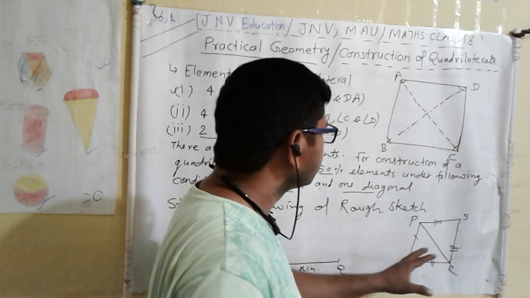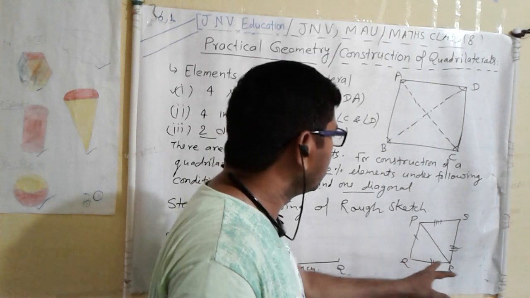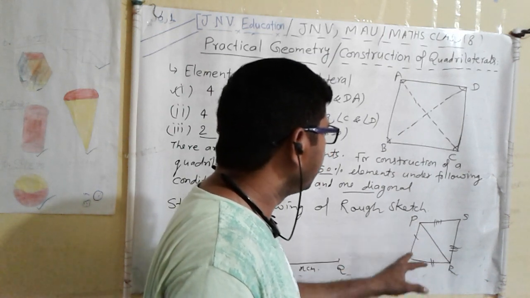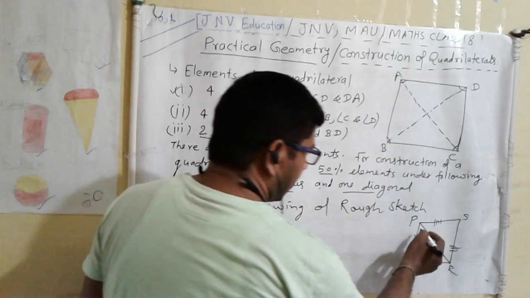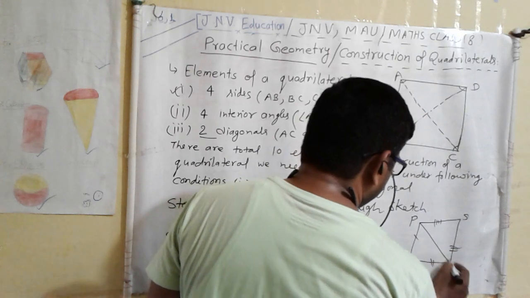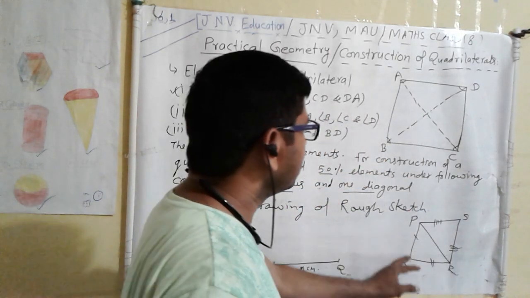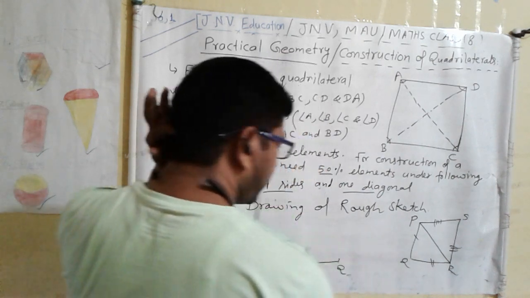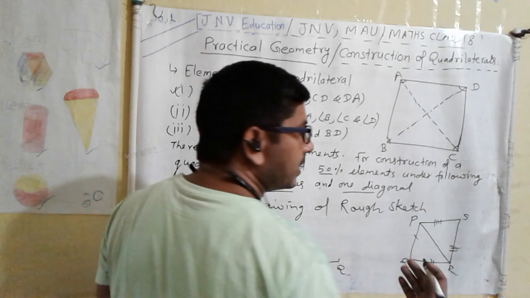After that, you can see here the triangle PQR has three sides, PQ, QR and RP. In this condition, we have all these three measures. So after PQ, we can draw QR according to the given measure.